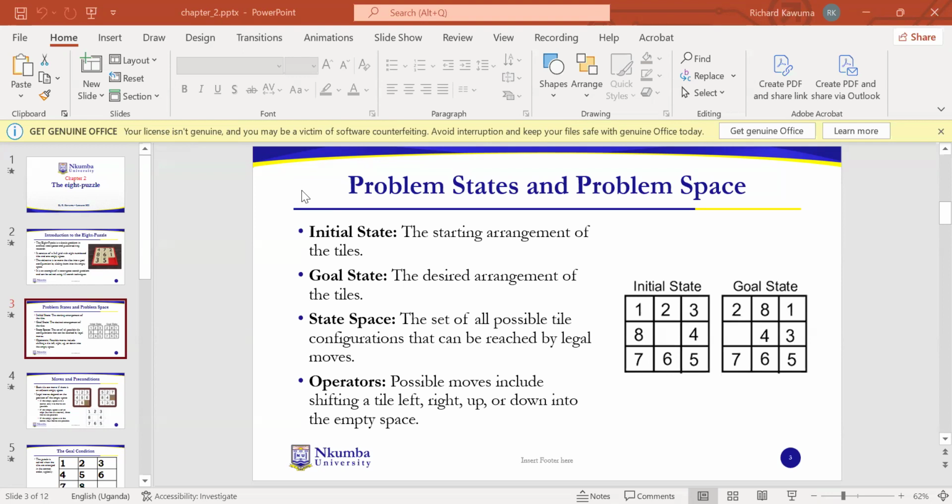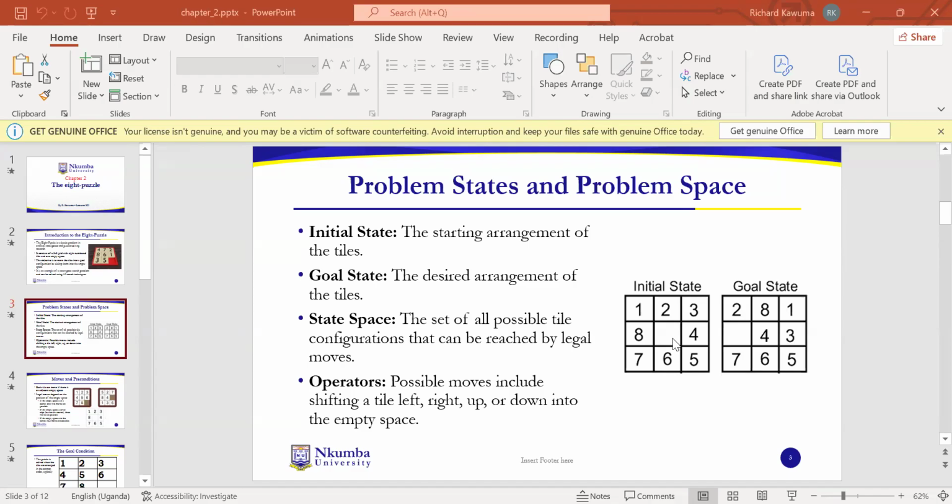Okay, so we have a goal state and an initial state. When you look at the initial state here, when the state space is in the middle, it means you have 4 options. You have the option of moving this 2 here, moving this 6 here, moving this 8 here, and moving the last one. So when the state space is in the middle, you have 4 options.